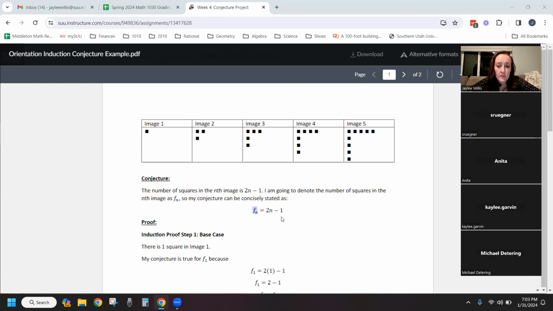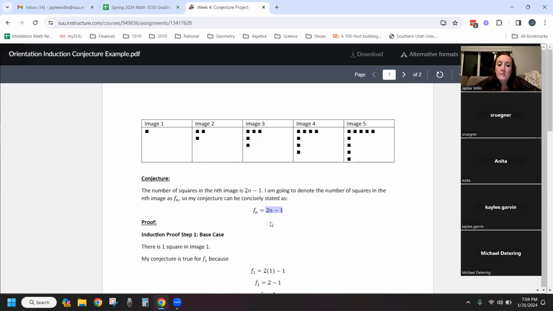So that's the conjecture. And when you write your induction proofs, make sure you state your conjecture really simply. And you also want to make sure that your description of the nth image is what's called an explicit formula, which basically means you could easily calculate how many squares there are in the 100th image, and you don't need to know the 99th and the 98th and the 97th numbers to be able to find the 100th image number.